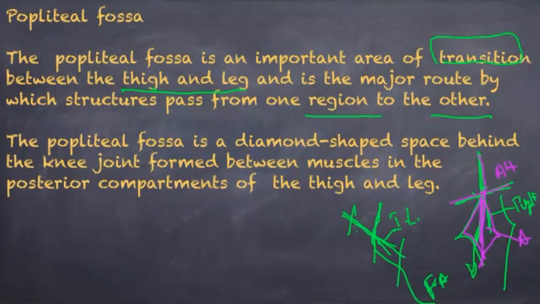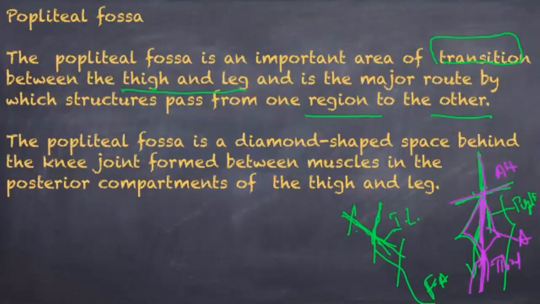Immediately after crossing the popliteal fossa, it divides into the anterior and posterior tibial arteries. We had discussed that at length in the overview of the lower limb arterial system, right?